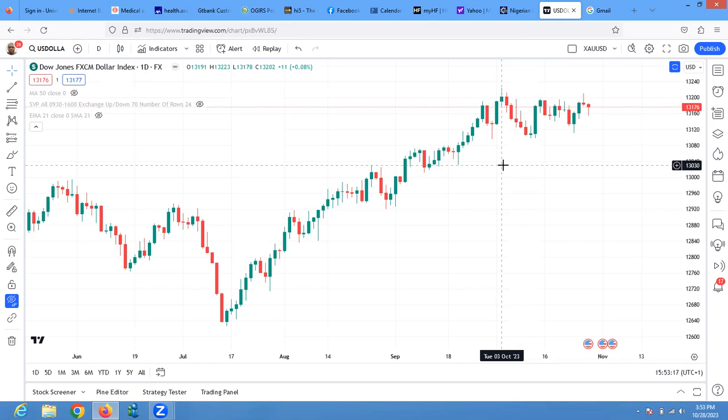So, like I said, in a double correction you have a W, you have an X, and you also have a Y. The Y will also be divided into 3, just like the W, which is divided into 3 waves, A, B, C, and that is 3 swings.